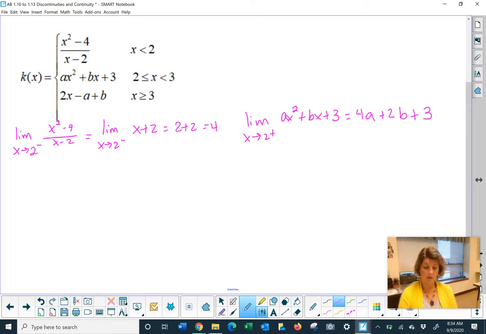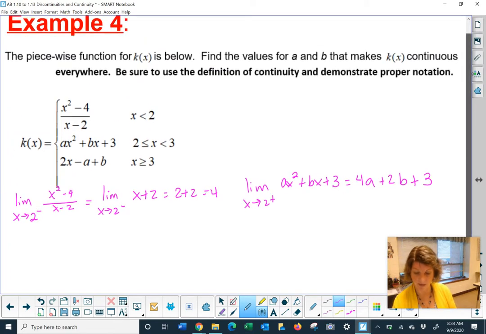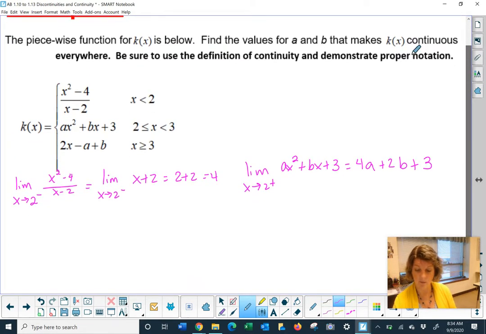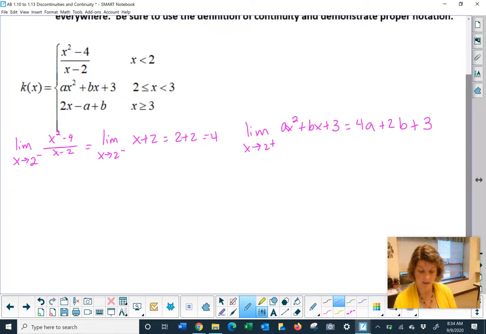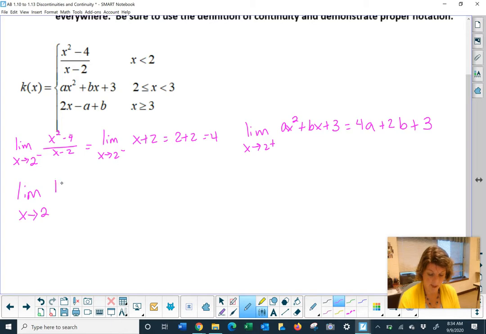And for the limit to exist, because we want to make this continuous, the limit as x approaches 2 of k of x would need to equal 4.